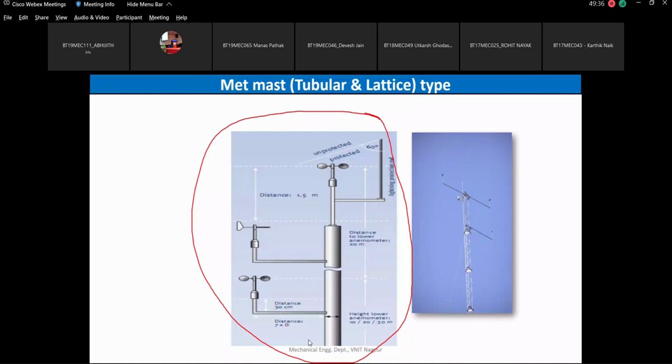And here also you have to maintain some 30 centimeter distance. At the top where you can see the anemometer, you have to maintain another standard distance, 1.5 meter.